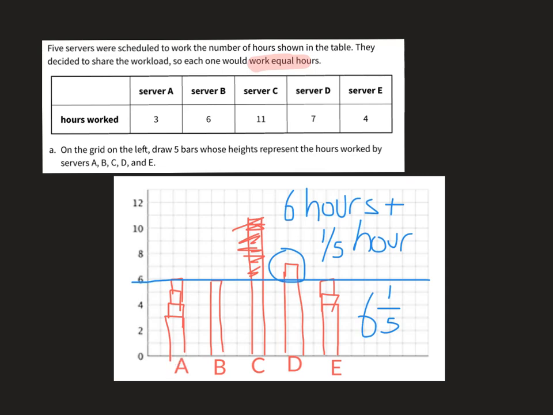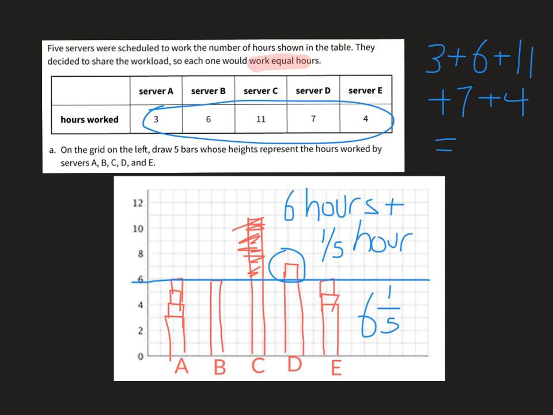Now, we'd like to be able to do this without doing all of this box moving. So what's important here is that what we could have done is taken all the hours that we had here and add them up. So 3 plus 6 plus 11 plus 7 plus 4.